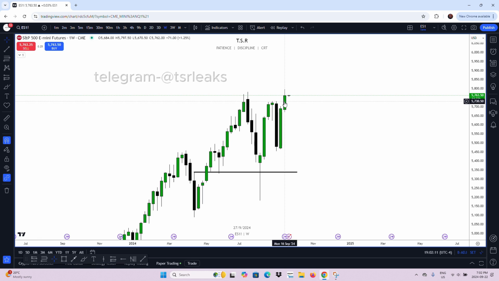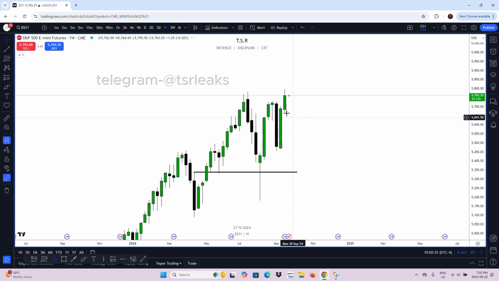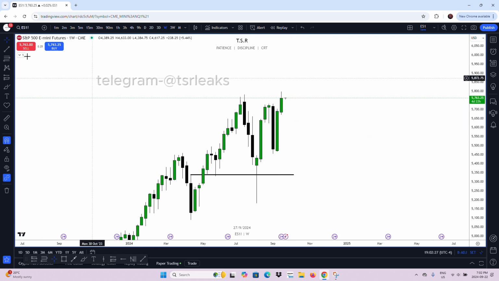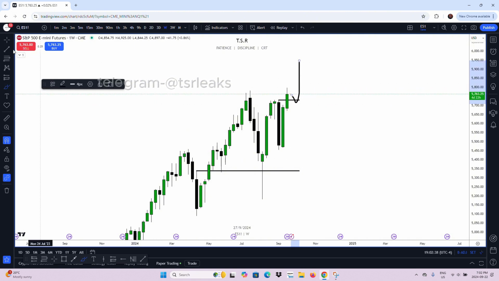That means a close above last week's candle. On the weekly time frame, that means this is an order block. You draw the high of this candle, extend it. What do you expect to happen with next week? Retracement into the order block, expansion upwards. Very, very straightforward and simple.